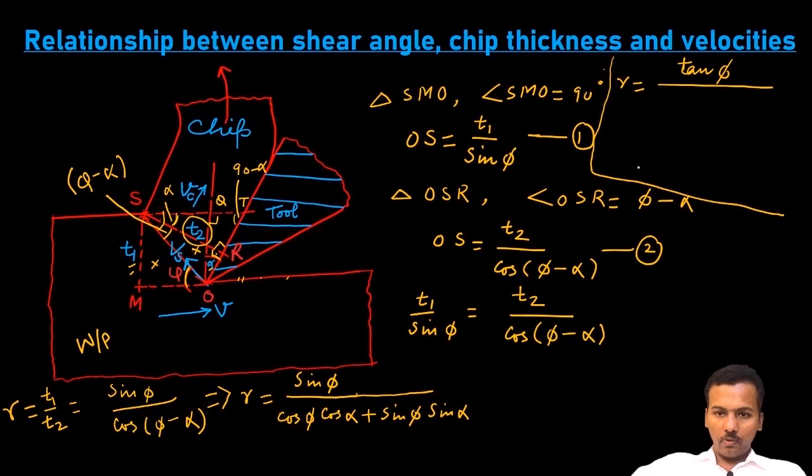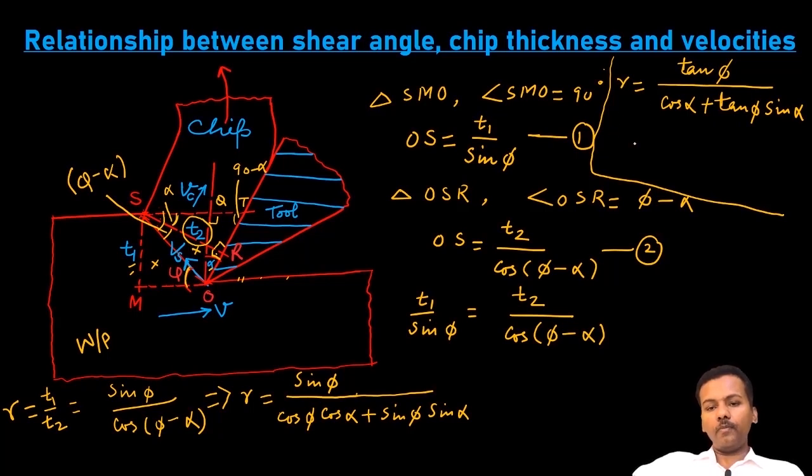You get cos alpha, and plus here sine phi upon cos phi, again tan phi sine alpha, tan phi sine alpha.